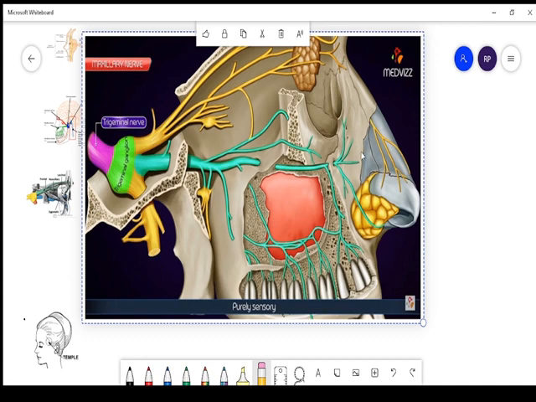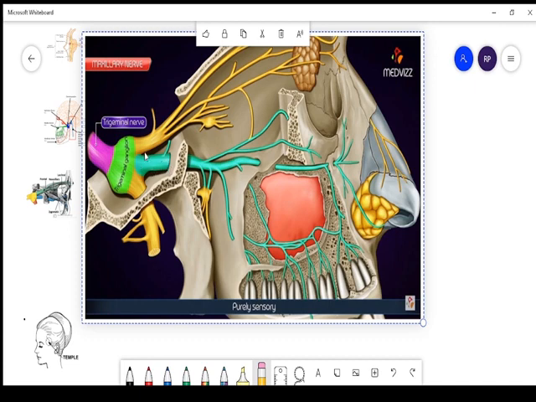So this maxillary division traverses four regions: number one, the middle cranial fossa; number two, the pterygopalatine fossa; number three, the orbit; number four, the face. According to the region, I will now tell what branches it has given.